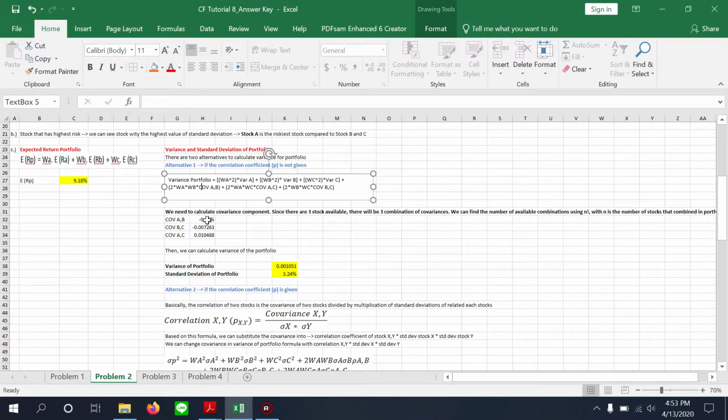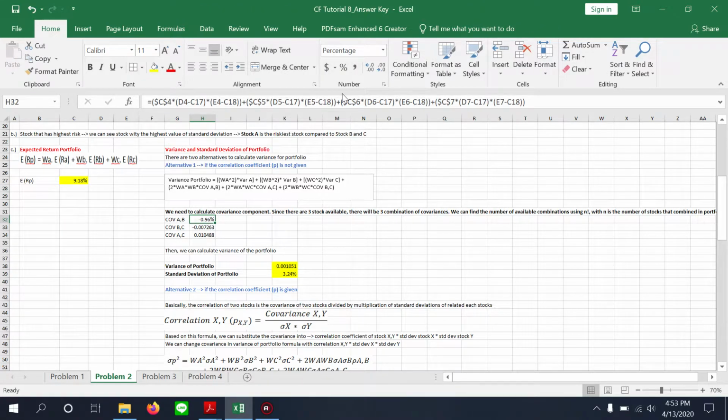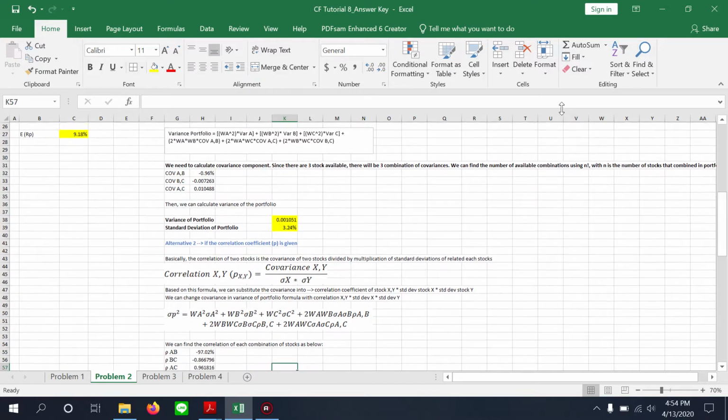For the covariance, you need to follow this formula, which is really long, and you need to do all three of them. And then you get the variance of the portfolio, and then you find the standard deviation, which is the square root of the portfolio variance.